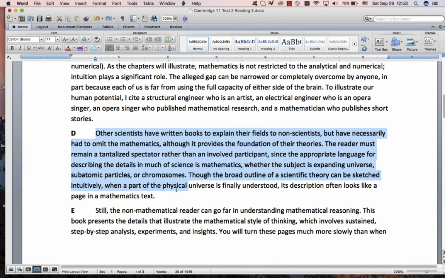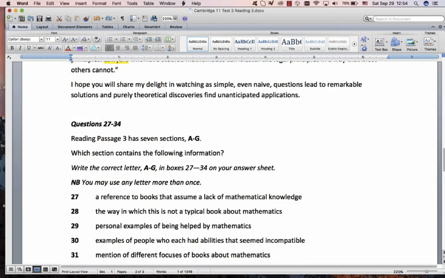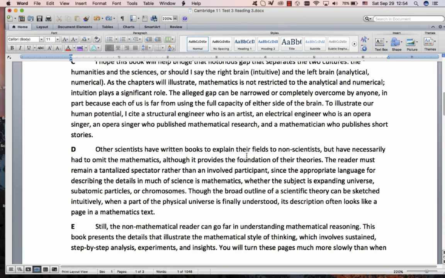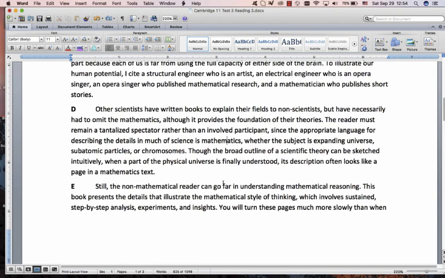That was over here. And there's books, and the writer assumes a lack of mathematical knowledge, explain their fields to non-scientists and have had to omit the mathematics. So that's really enough. That's close enough. We're in reading 3. We don't have too much time. I would definitely go for D there.